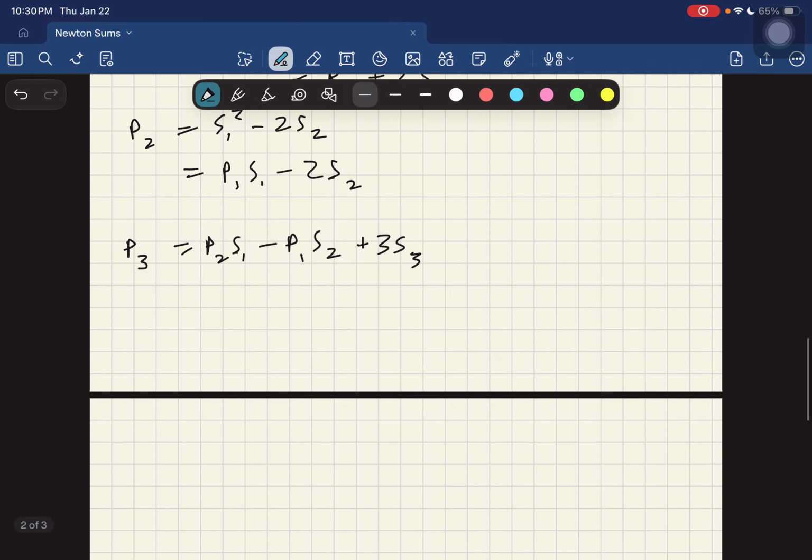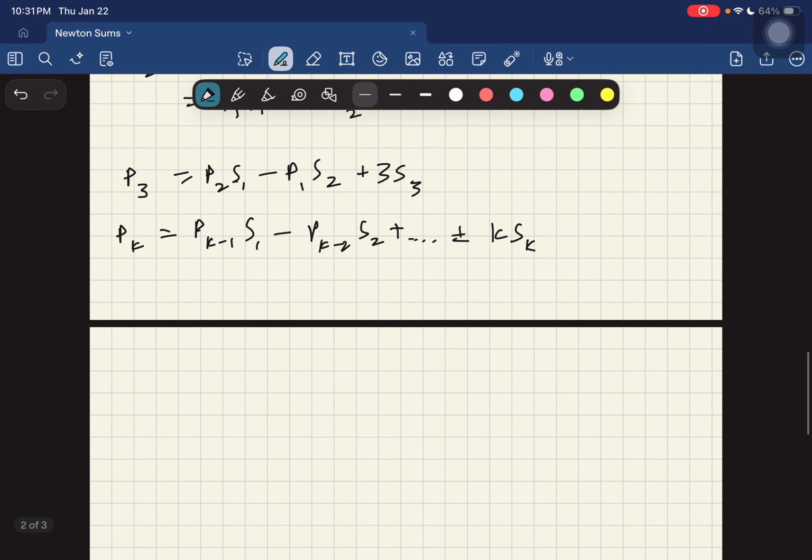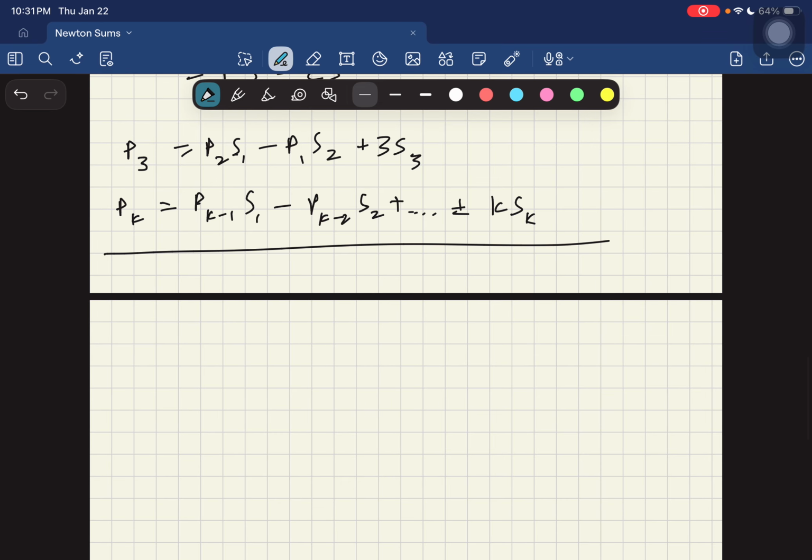It's that Pk is going to be equal to Pk-1 s1 minus Pk-2 s2 plus blah, blah, blah, and then it's always going to alternate the plus minus sign. It's going to start with minus and then go to plus and then minus and so on. And then the last term will be k sk, and it will depend on whichever sign it lands on. So that's why I just wrote plus minus here.